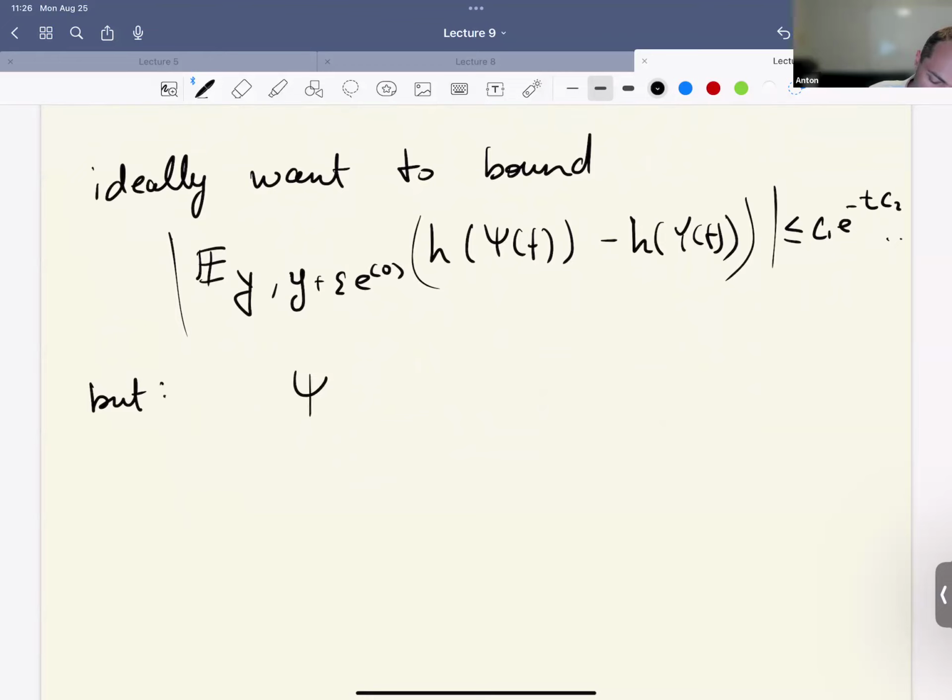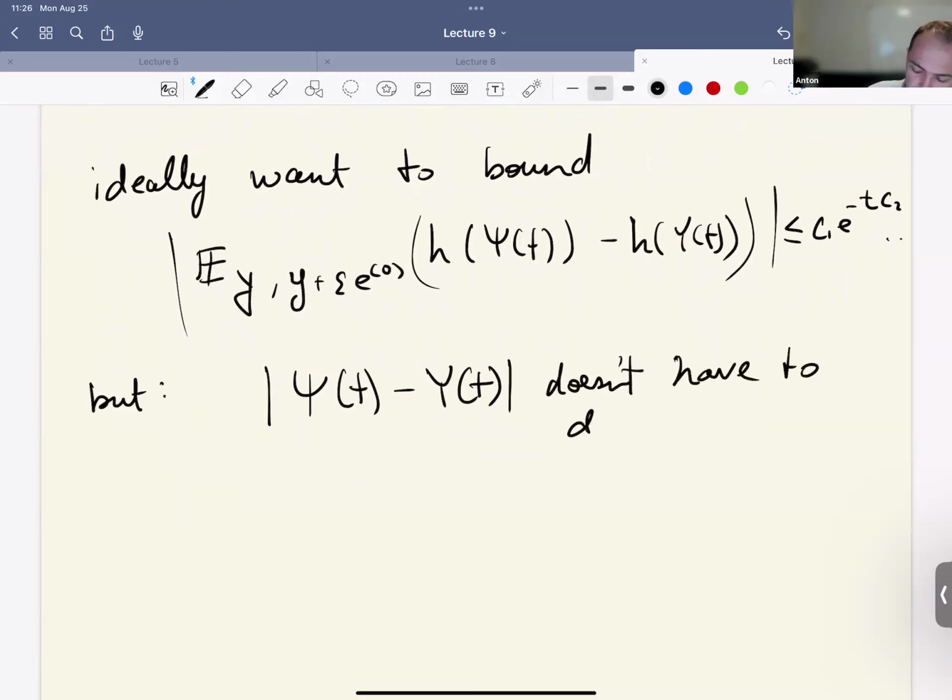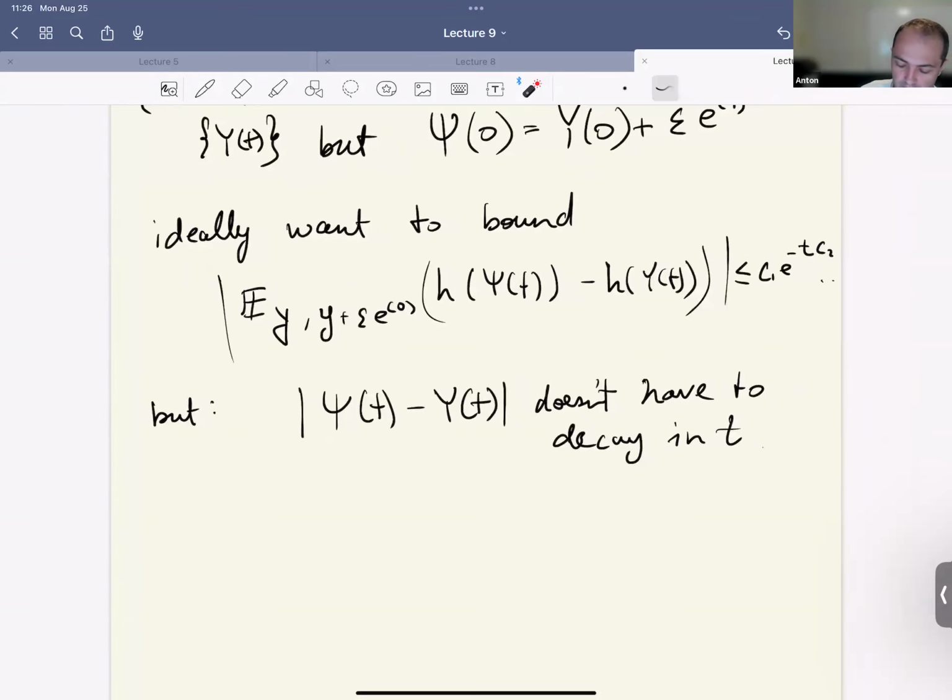But problem: if we try to look at this difference directly, it doesn't have to decay in t. If you remember, in the prelimit approach we were doing these couplings to have derivative bounds or Stein factor bounds.